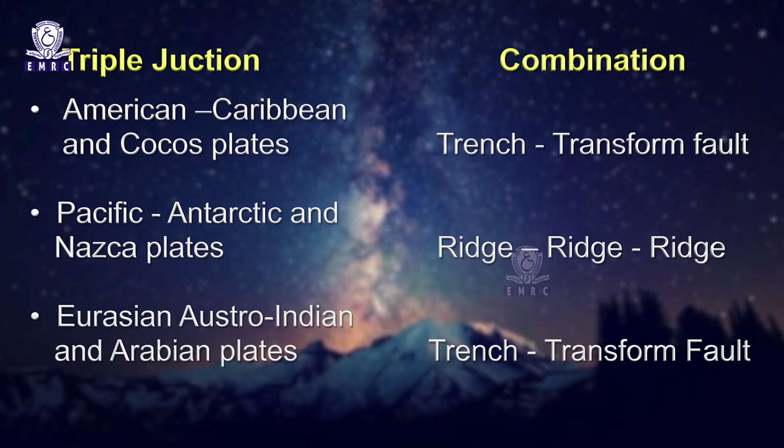American, Caribbean and Cocos Plate is the combination of trench and transform fault. Pacific, Antarctic and Nazca Plates is the combination of ridge to ridge. Eurasian, Austro-Indian and Arabian Plates is the combination of trench and transform fault.